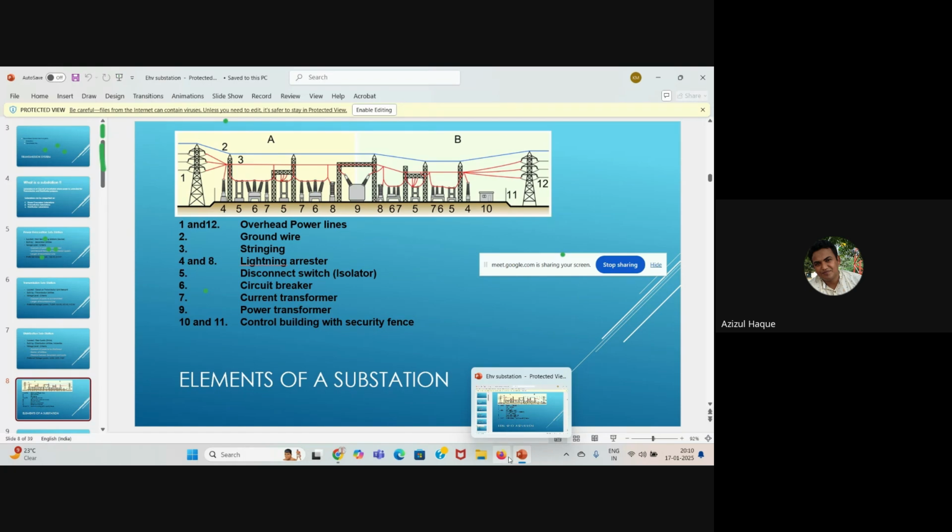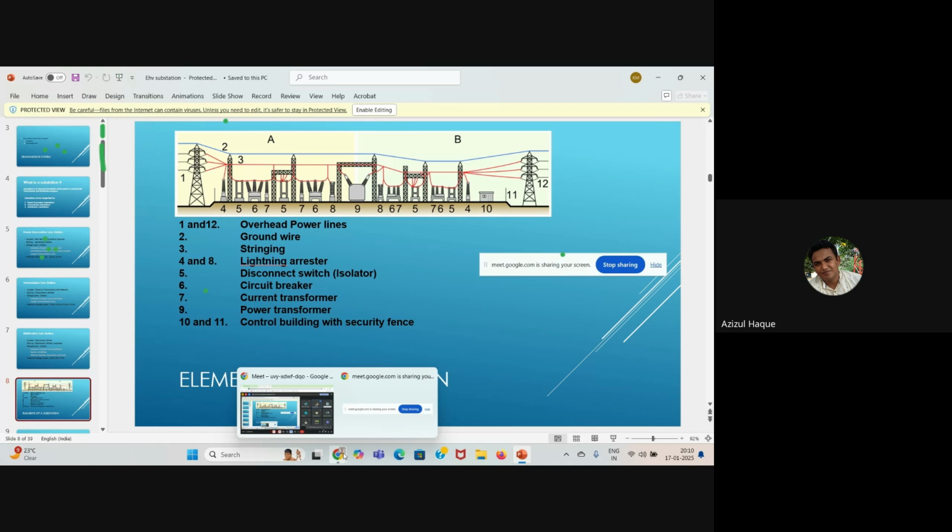Here, if you see number 5, the disconnect switch. Above this disconnect switch is a bus. There are two buses, main bus 1 and main bus 2. We first receive the power and put it in a bus. Then from this bus, we take power and transfer it to the other end where it is required.